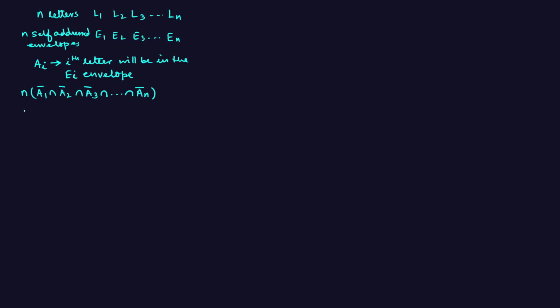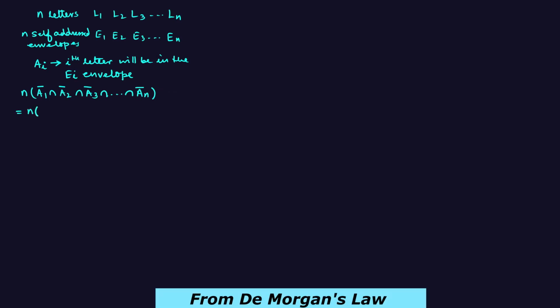Now from De Morgan's law, we can write this as (A1 union A2 union A3 union ... union An) whole complement. This you people have all covered in set theory.